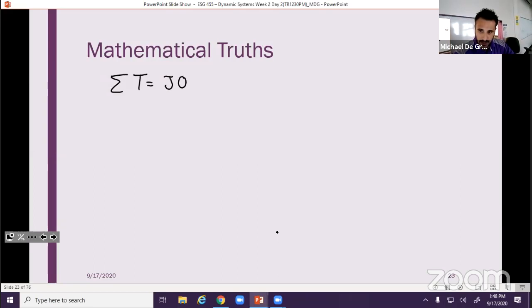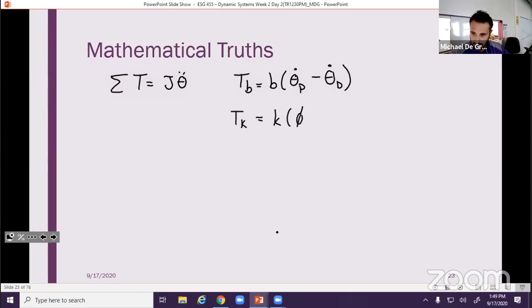That's J theta double dots. We've got T sub B is equal to B times theta dot p minus theta dot d, and T sub K, as you had it, is K times phi minus theta p.